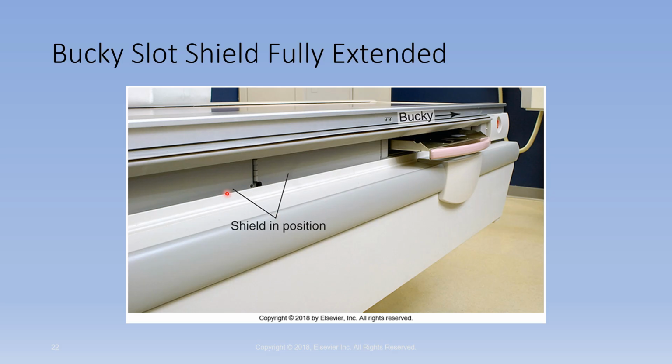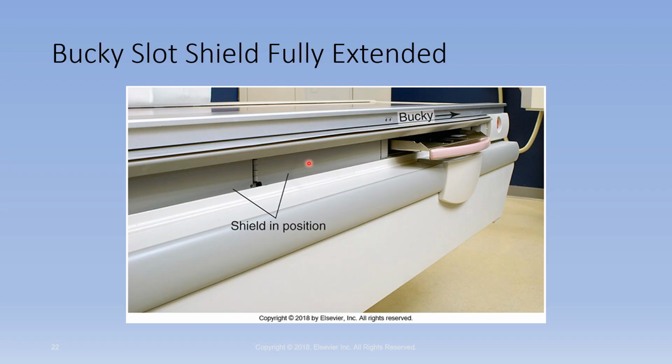This is actually in your book. It is figure 12.59. This is what's called a Bucky slot shield. All right, and you can see that this is the Bucky. So when you do fluoroscopy, you move the Bucky all the way down to the foot of the table, and that will bring out this leaded Bucky slot shield that closes the gap between the tabletop and the bottom of the table.